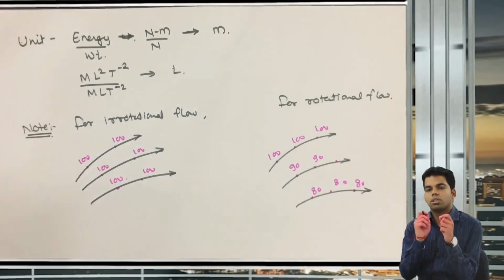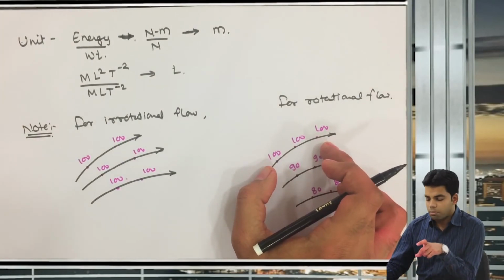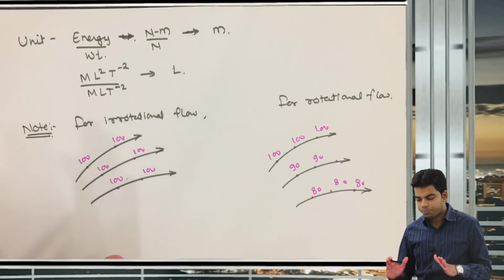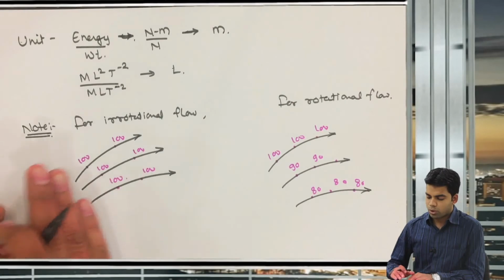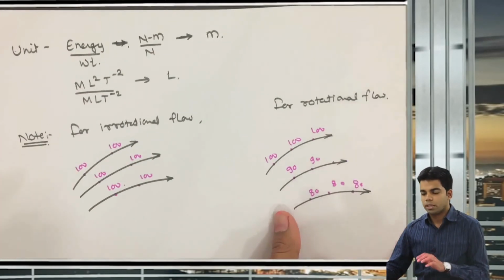So for rotational flow, Bernoulli's equation is applicable for the particular stream, but for irrotational flow it is applicable everywhere. Getting this now? These are very important notes. For irrotational flow, total head is constant at all the points. For rotational flow, it will be constant in the particular stream.